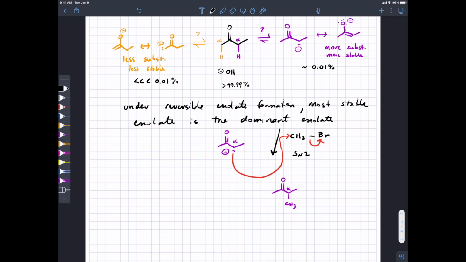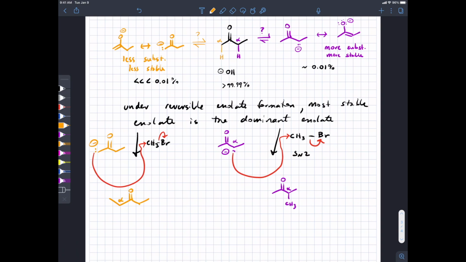Now notice that if we reacted that, the product would be different from the orange enolate. If this is the enolate that we form, the product we get is going to be this one.